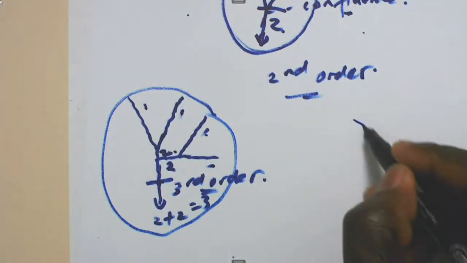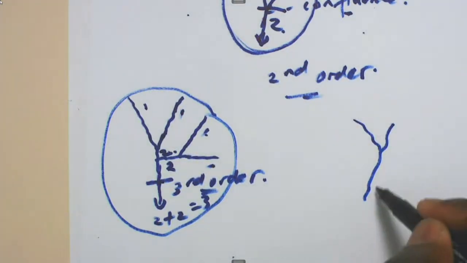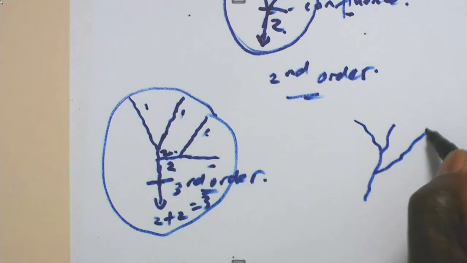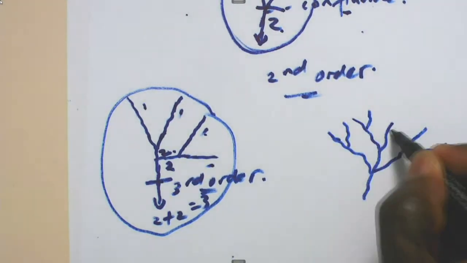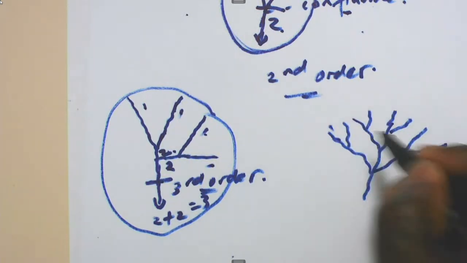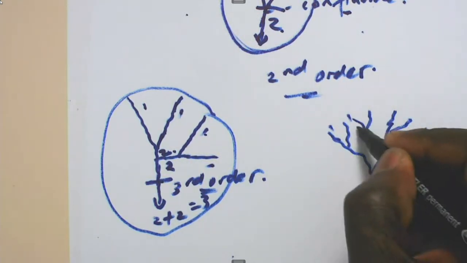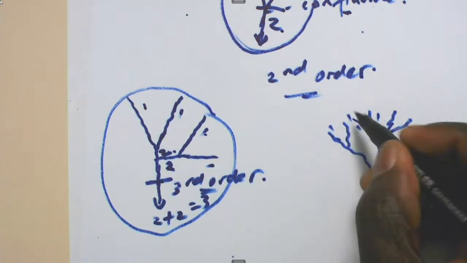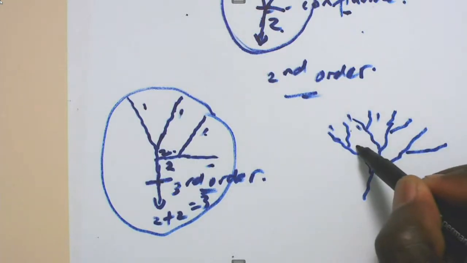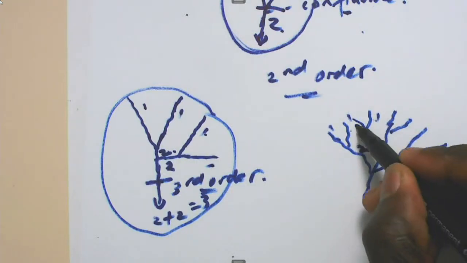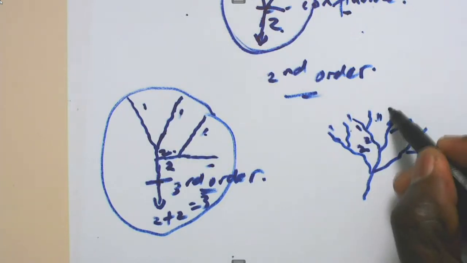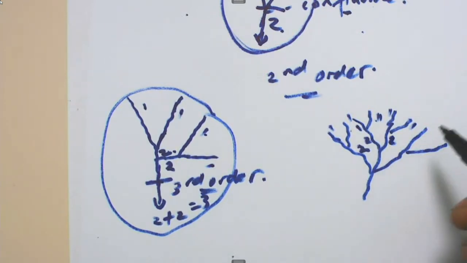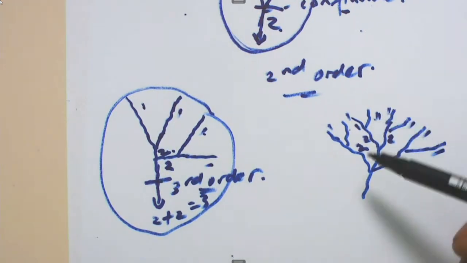And then you can make another example. Let's make another example over here. We have first order over here, and first order. First order plus first order is second order. This one, first order plus first order over here, second order. And then first order and first order here, second order.